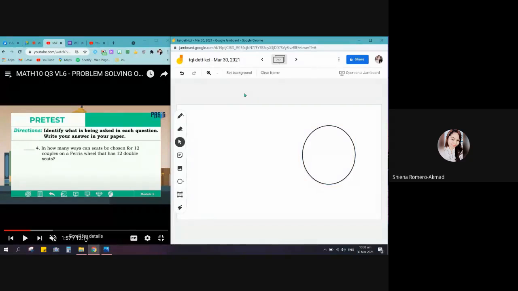Okay. So sa Ferris wheel na yan, there are 12 double seats. 1, dapat dito 6, 2, 3, 4, 5. Ay, ang galing ko naman mag-drawing.